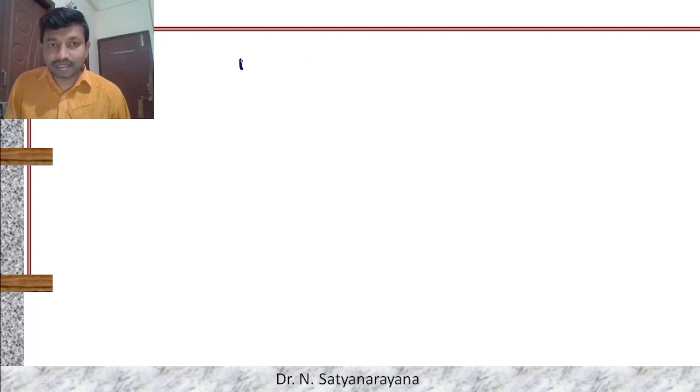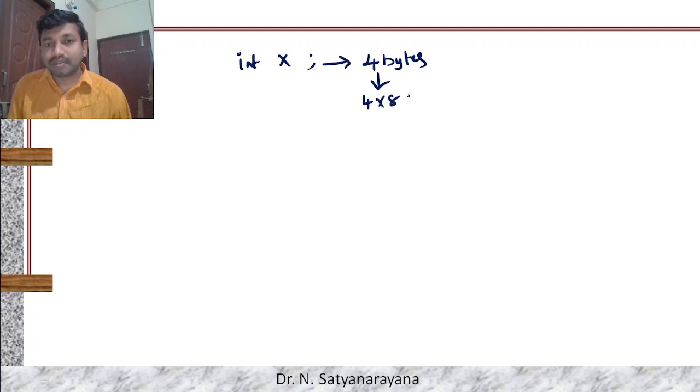If I declare one variable as x, what is the memory allocated for this variable? Imagine that on a compiler, let it be 4 bytes. 4 bytes means how many bits? 4 into 8 bits.